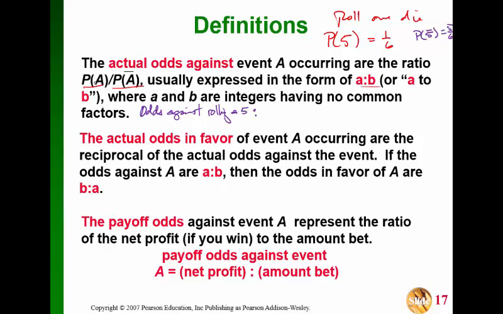So first we say the probability that we roll a 5, that's 1 out of 6, right? So that's P of A, or P of 5 in this case, 1 out of 6, divided by P of 5 bar, P of A bar, 5 out of 6. So this is a ratio. It's complicated. It's a fraction divided by a fraction. But you could rewrite this, can't you? It's the same thing as multiplying by the reciprocal, right?